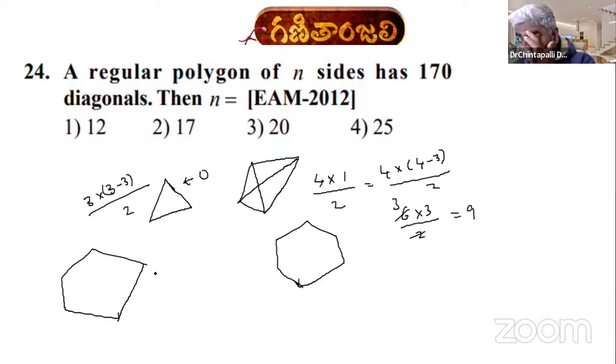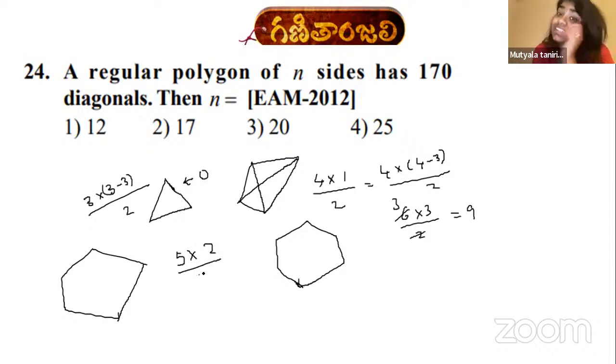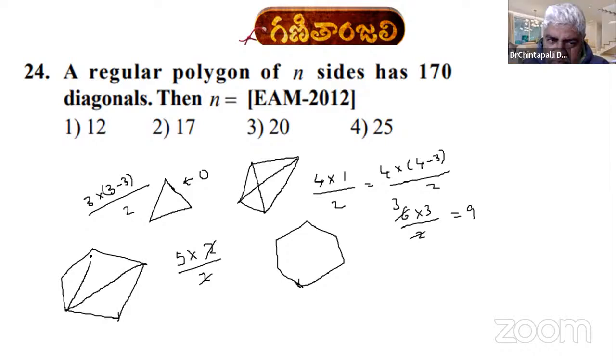How many diagonals are there? 5 times (5 minus 3) by 2, which is 5. 5 diagonals are there. What are those 5 diagonals? See, 1, 2, 3, 4, 5. These are the 5 diagonals.